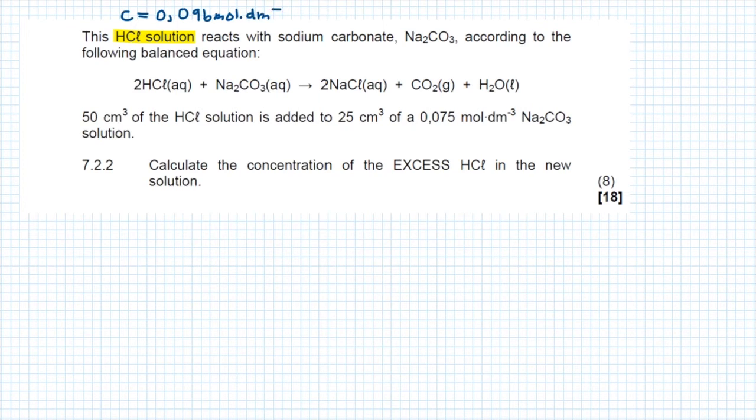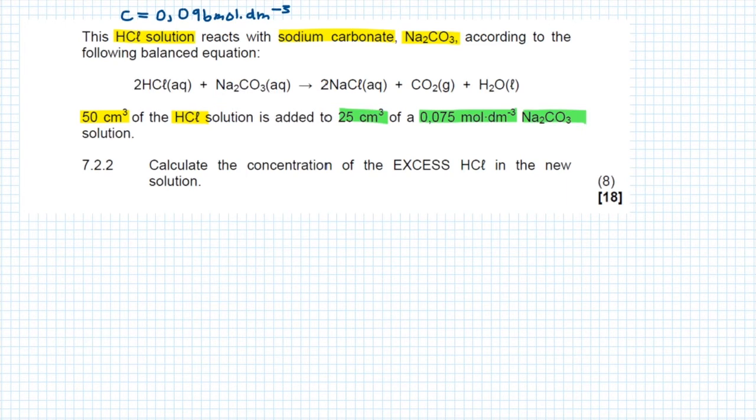Now they say that this hydrochloric acid solution reacts with sodium carbonate, Na2CO3, according to the following balanced equation. 50 centimeters cubed of the hydrochloric acid solution is added to 25 centimeters cubed of a 0.075 mole per decimeter cubed solution of sodium carbonate.